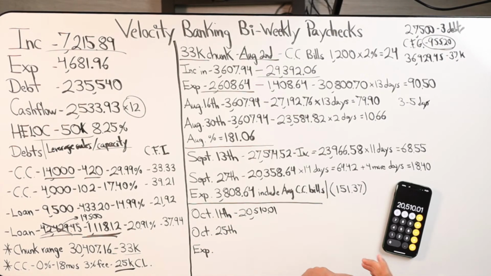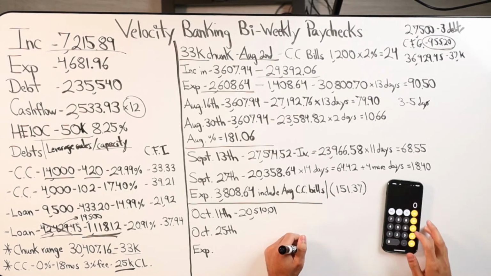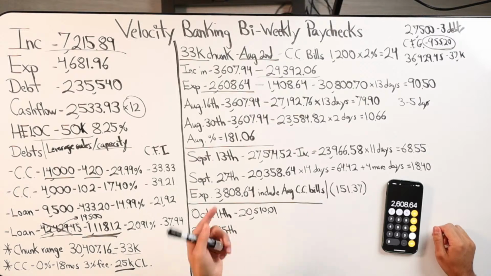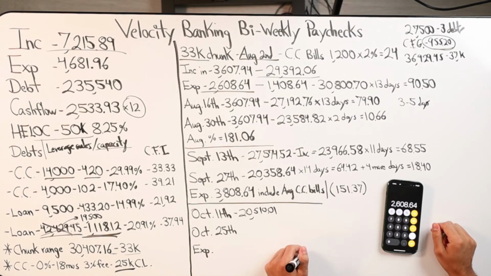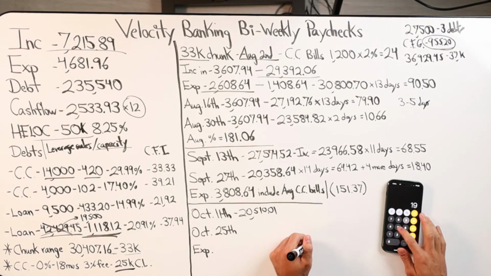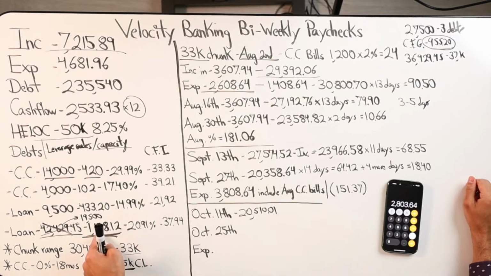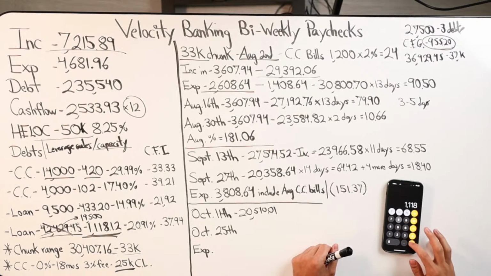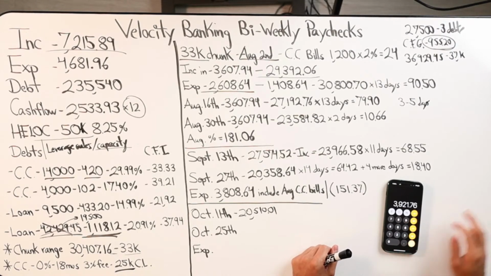20,510.01. Now, looking at expenses, we're at 2608.64 plus. Now I'm going to actually count the 190 minimum payment. So I'll round up, say 195. Then I'm going to add now 1,018.12.